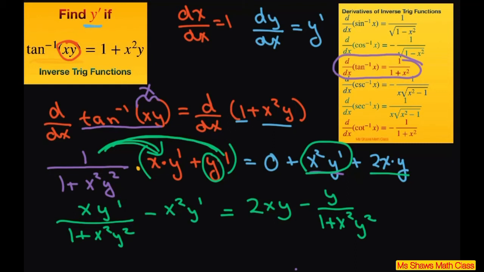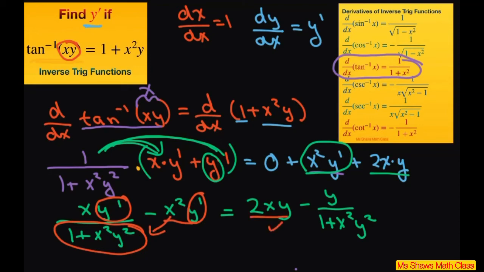Now, the next step I'm going to do is get my common denominators. I'm going to factor out my y primes, and I'm also going to get a common denominator for this. So I'm going to have to multiply my x squared times this. I'm also going to get my common denominator for this side.